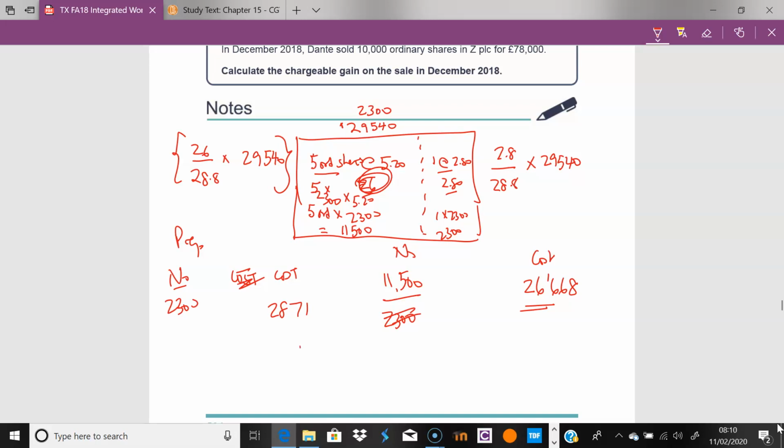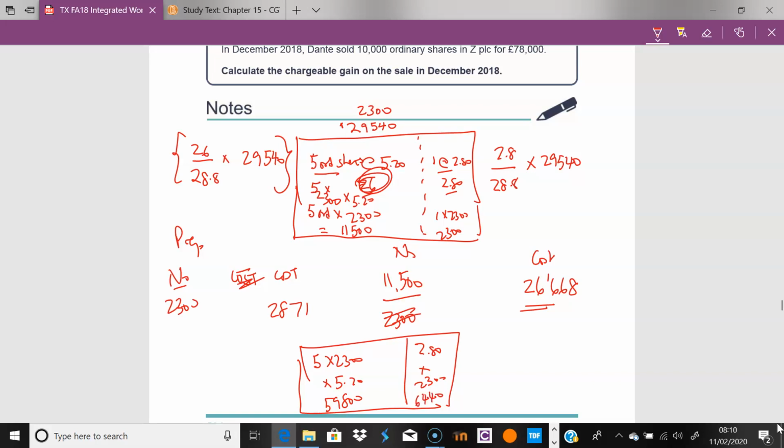But if you wanted to look at it another way, you're really saying 5 times 2,300 times £5.20, and here £2.80 times 2,300. So 5 times 2,300 times £5.20 gives me 59,800, and £2.80 times 2,300 gives me 6,440.